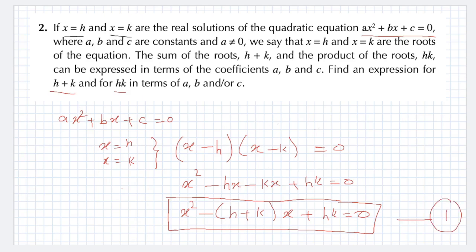Now let's look at this one, ax square plus bx plus c. What will be the roots of ax square plus bx plus c is equal to 0 in quadratic form? So we know the roots are x is equal to minus b plus minus square root of b square minus 4ac divided by 2a.